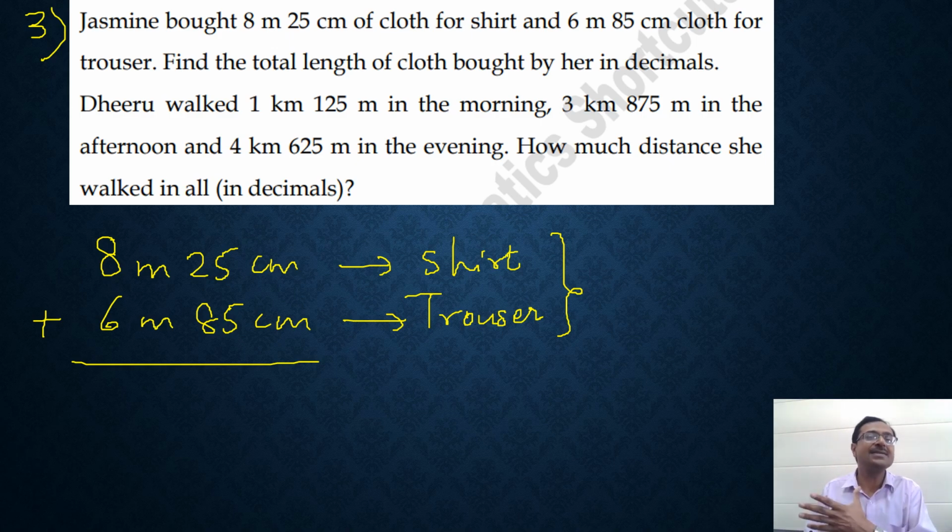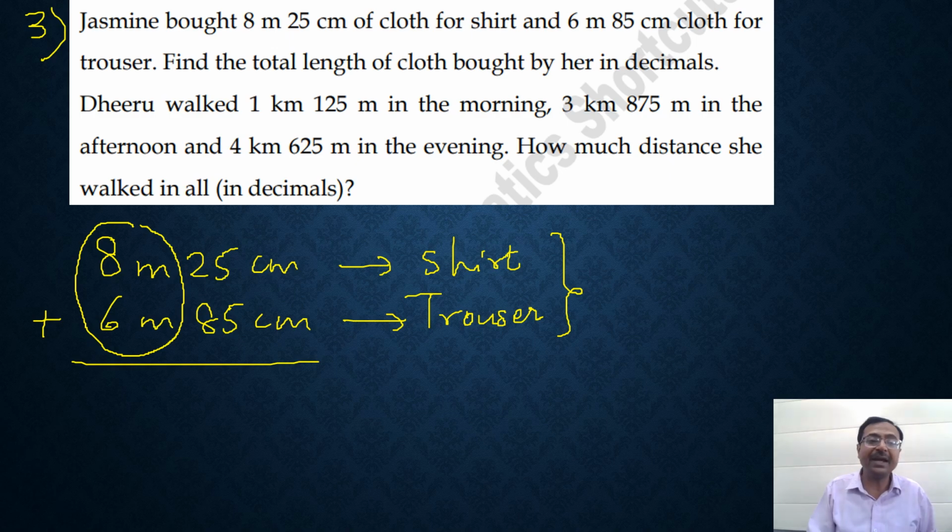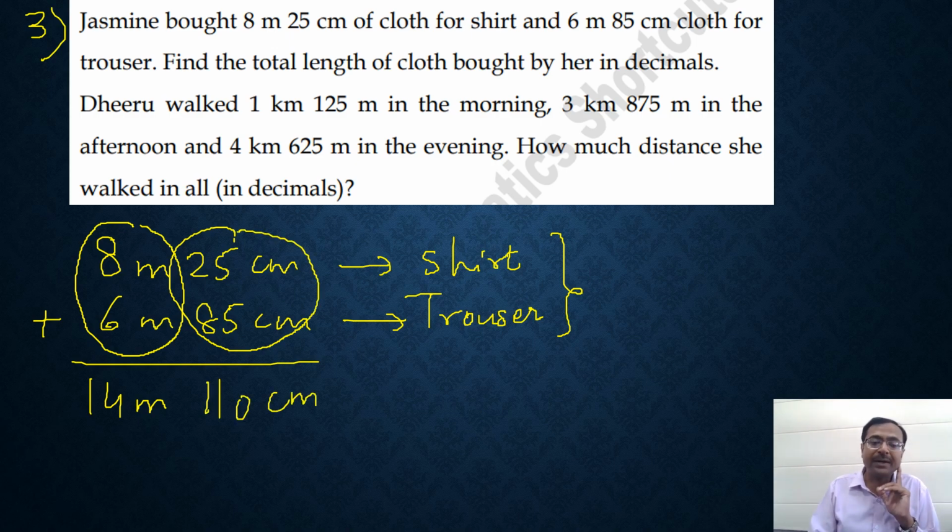I prefer the second one, because I like to add the numbers which have the same unit: 8 meters and 6 meters make 14 meters, and 25 centimeters and 85 centimeters is 110 centimeters. Since 100 centimeters make 1 meter, I subtract 100 from this, which gets me 10 centimeters, and I add 1 meter as carry forward.